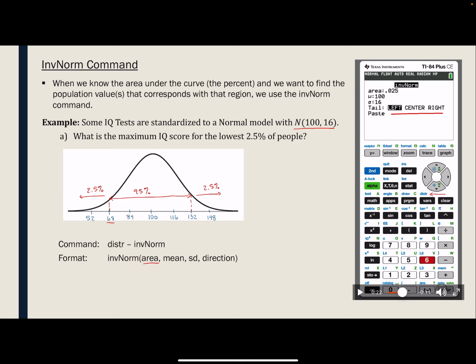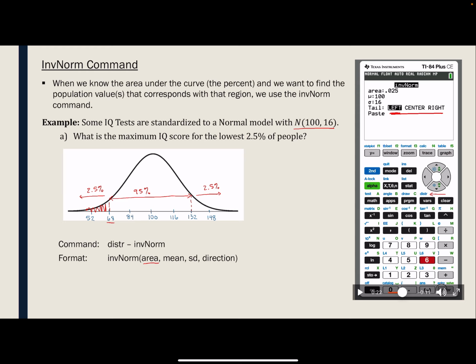In this problem, I'm looking for the bottom, the lowest 2.5%. So I'm looking at this area here, which means it's the left area. And so if you have one of these newer calculators, you would choose left. If you have an older TI-83 or a TI-84, then left is the default.